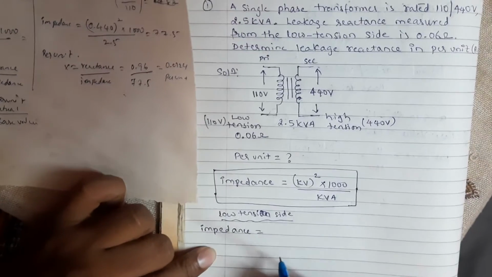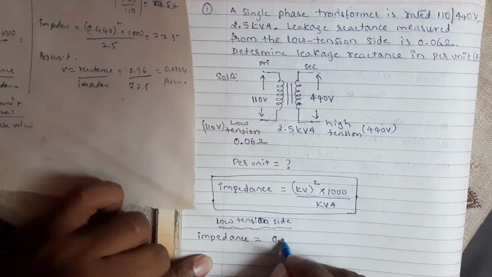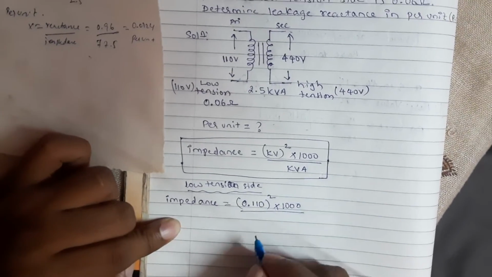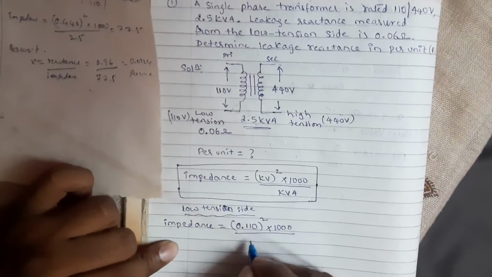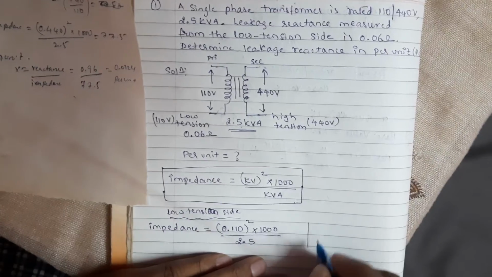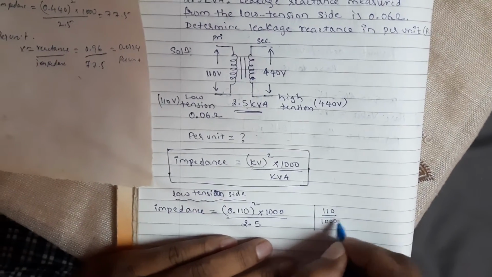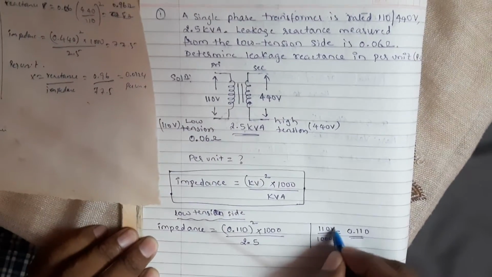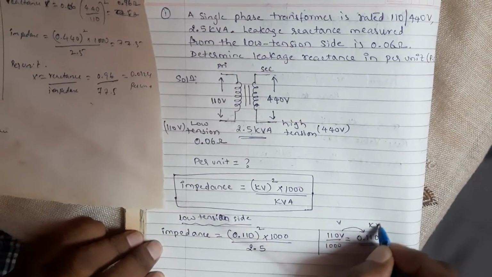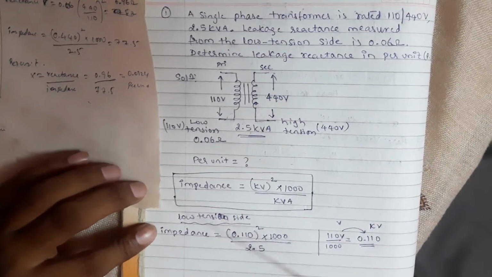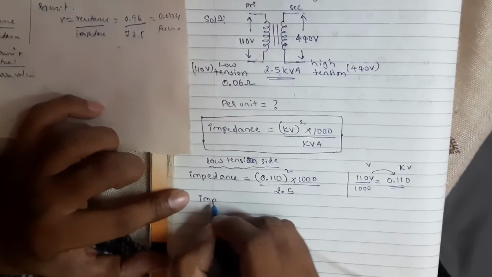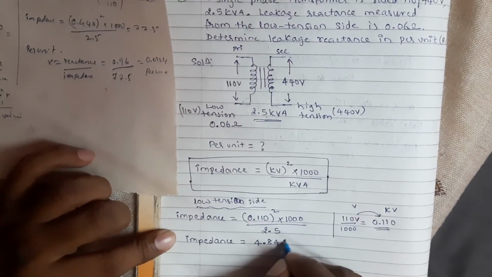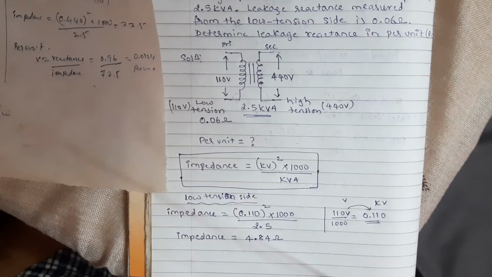That is 110 volts, which we have to convert into kilovolts. 110 divided by 1000 becomes 0.110 kV, squared, into 1000, upon kVA, which is already given as 2.5. Putting in the values, the impedance we get is 4.84 ohms.